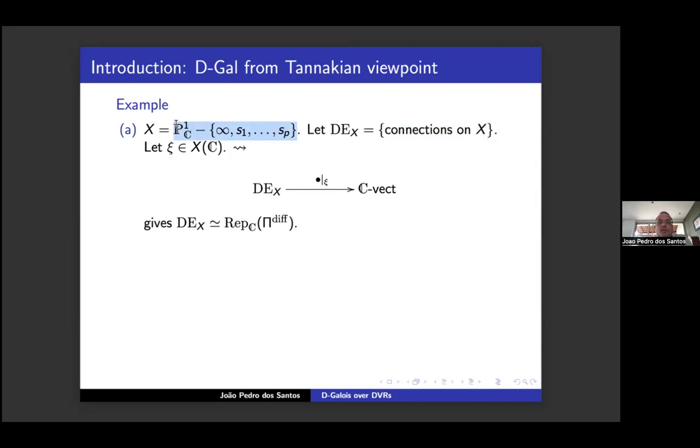You just take a module over these guys, and you pick a point, and then you consider the functor which sends every equation to its fiber over psi. Once I do that, I employ the theorem and I get this equivalence.